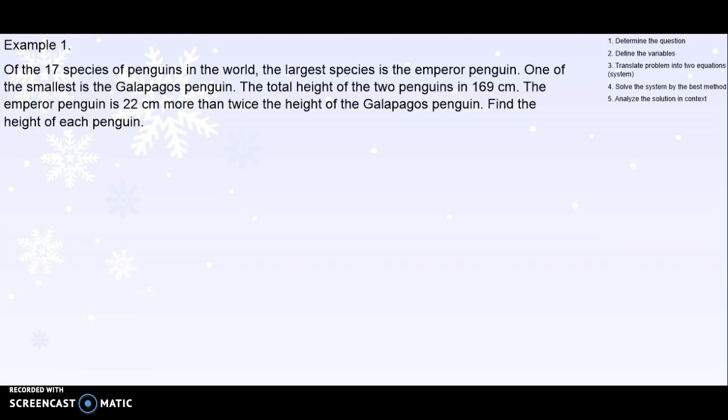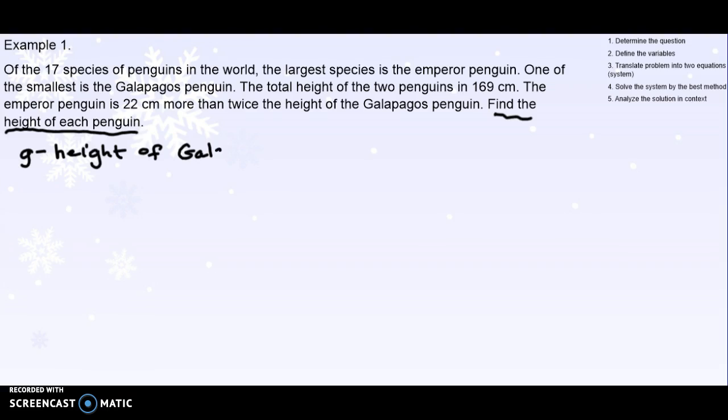Well, what I'm looking for, or the question that I'm trying to ask, is how tall are each of the penguins? So find the height of each penguin. That's going to bring us to the second step, which is to define the variables. If what we're looking for is the height of each penguin, we're going to have 2 different variables. The first one I'm going to label as G, which is the height of the Galapagos penguin.